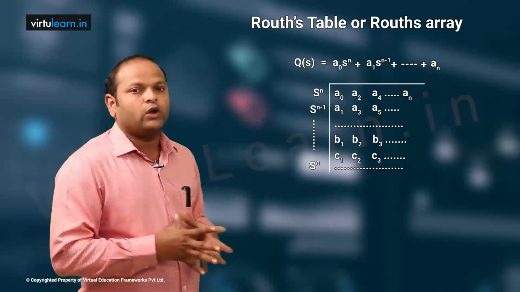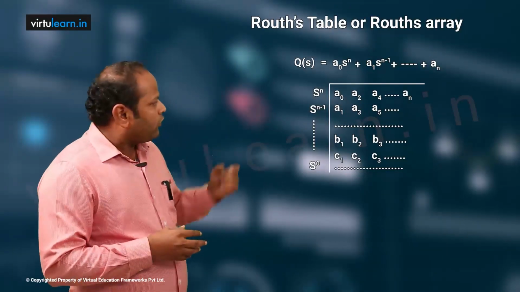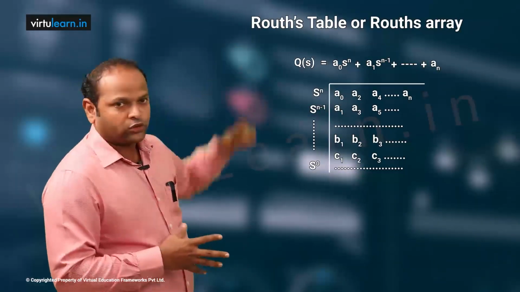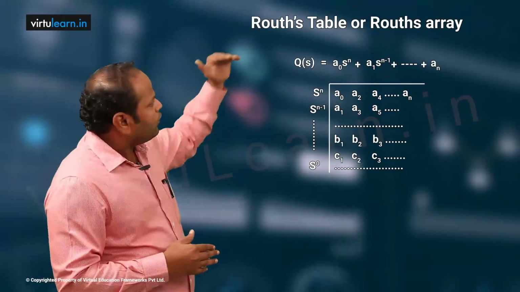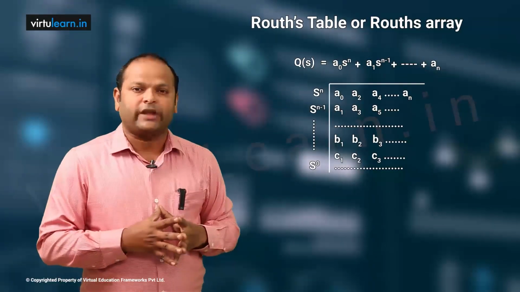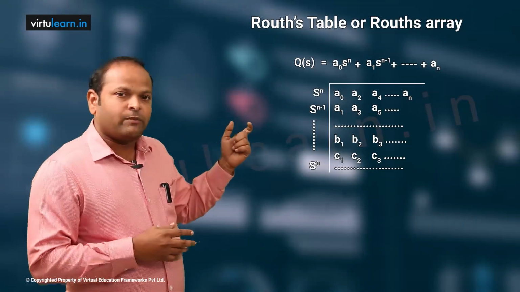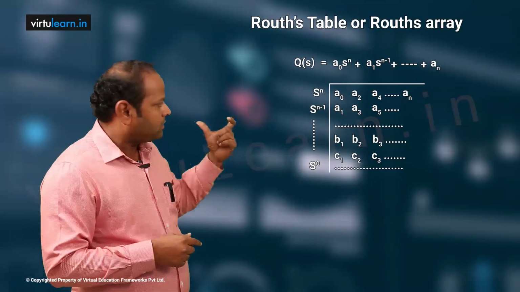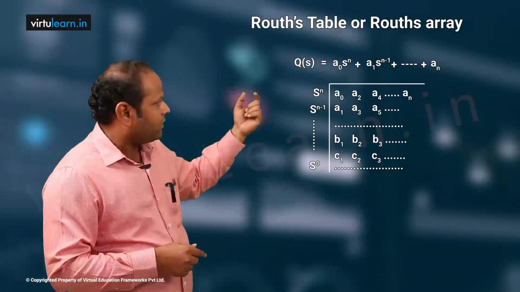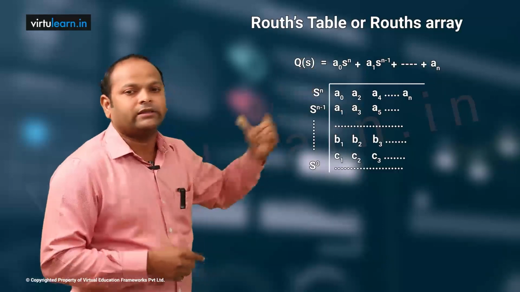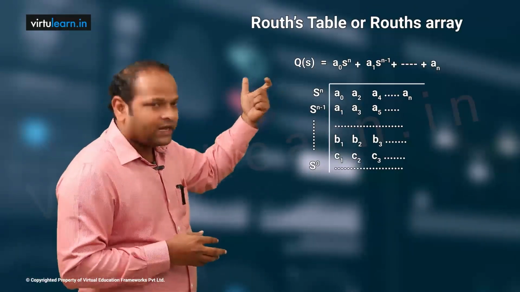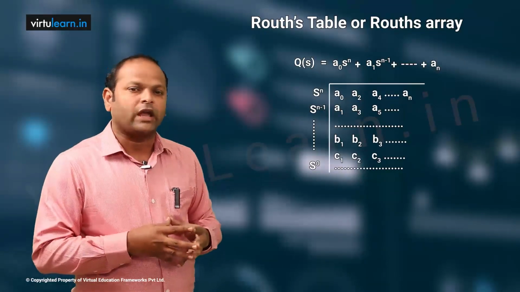Let us see how to calculate b1. Just look at the rows above. The above rows are s power n and s power n minus 1, and b1 is the first element in the third row. So I am going to take a0, a1, a2, a3, these 4 elements, and from these 4 elements I can calculate b1.